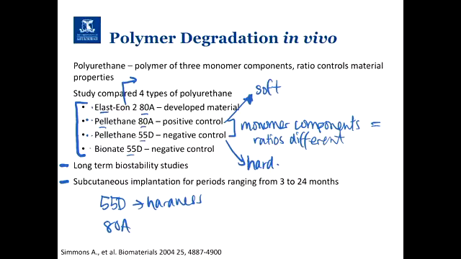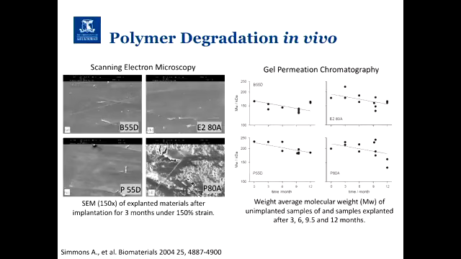So these were explanted. Then they did a whole range of studies that looked at chemical composition, how that changes within the body, morphology of the materials, and also mechanical properties. SEM images were taken to have a look at the structure macroscopically.